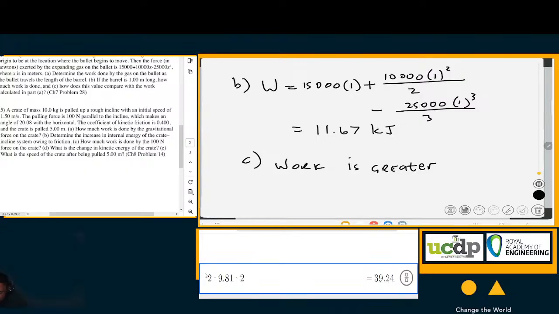Subtract this from the previous one and divide it by the previous one: take 11, subtract 9, divided by 9, and you should get a percentage. And that will tell you how much greater. Anyways, last question for today.